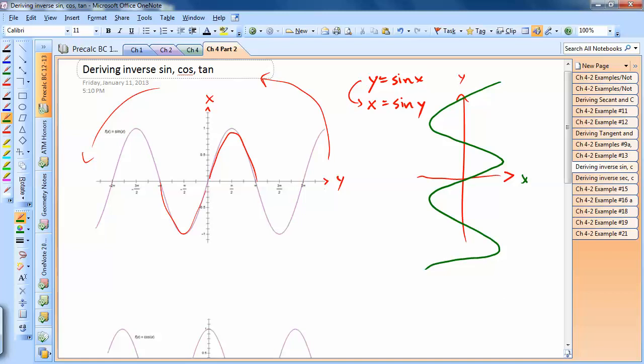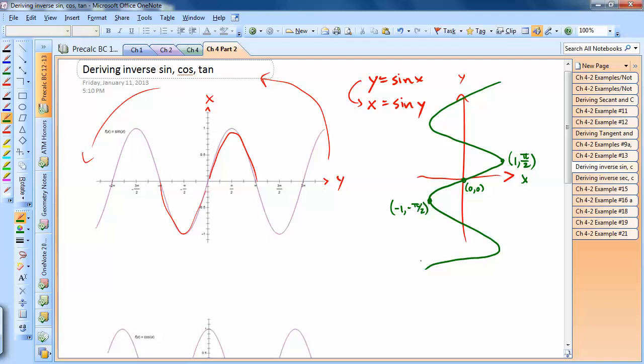Some points on this graph would be 0, 0 right there. This point right here is really going to be 1 comma pi over 2, not pi over 2 comma 1, right? Because I've switched them. This point right here is going to be negative 1 comma negative pi over 2.